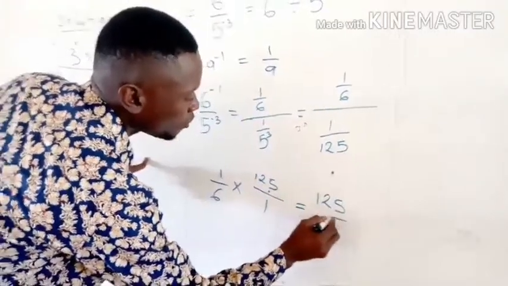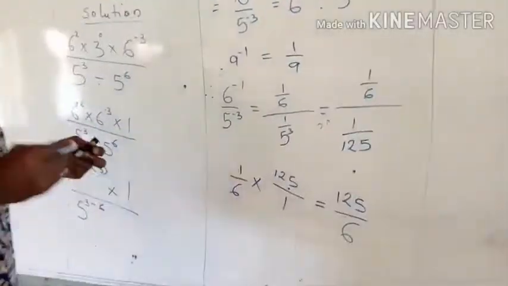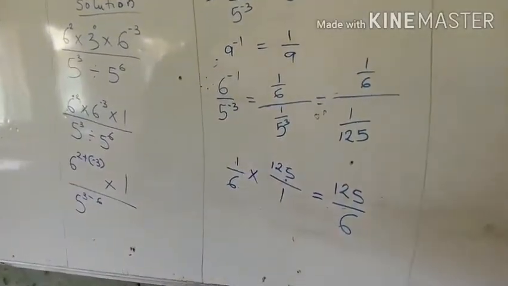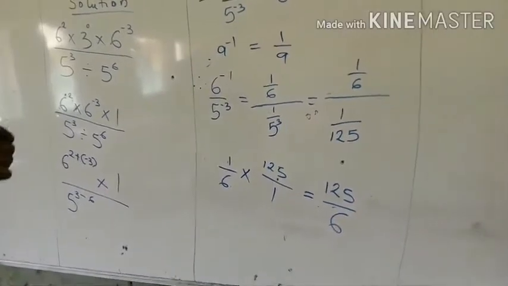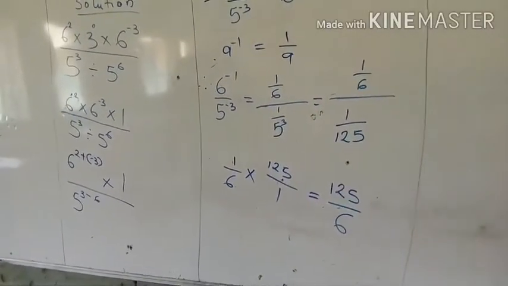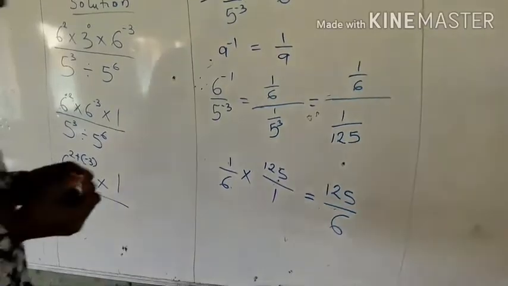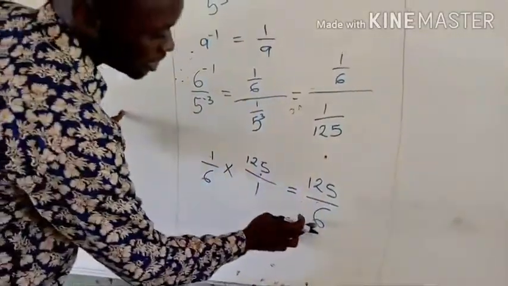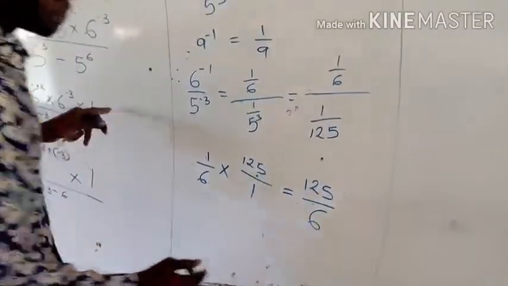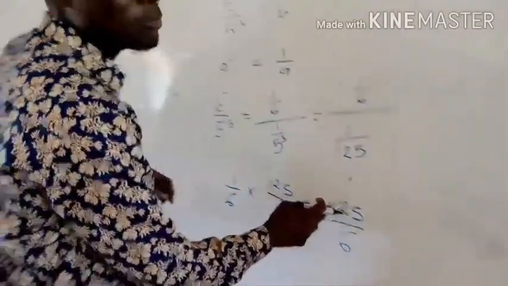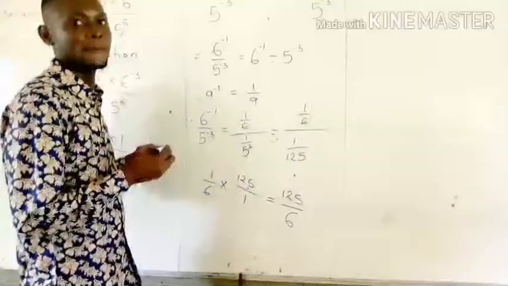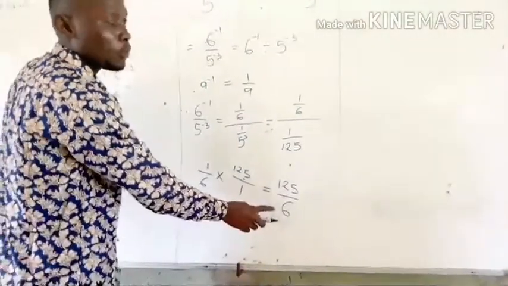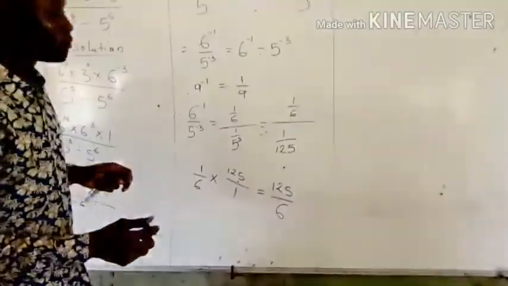125 over 6. We know we cannot leave our answer like this because this is an improper fraction. So we have to leave it in a mixed fraction. So if we're going to leave it in a mixed fraction, let's change it. Now you know this is an improper fraction, so we have to change it to a mixed fraction.